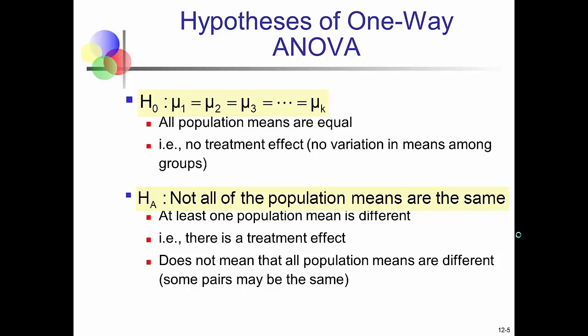So if we're able to reject the null hypothesis, we'll reject the idea that all means are equal, and we'll accept the alternative that at least one of those levels is different from the others. This does not mean that all of the population means are different from each other, but at least one, or maybe more than one of those population means are different from the others.